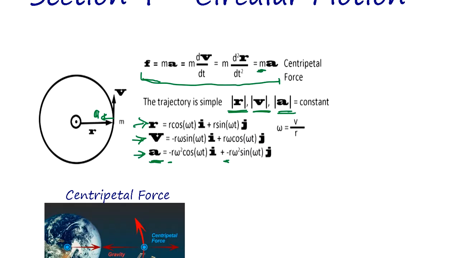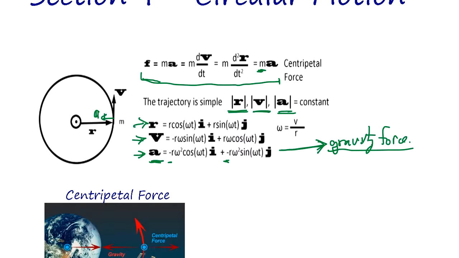So we can tell this implies a gravity force, and it doesn't have to be gravity force. It can be a wire connected and pulling. So the force has to be toward the center of the circle for this kind of trajectory. Okay, so this is the circular motion of the point mass.